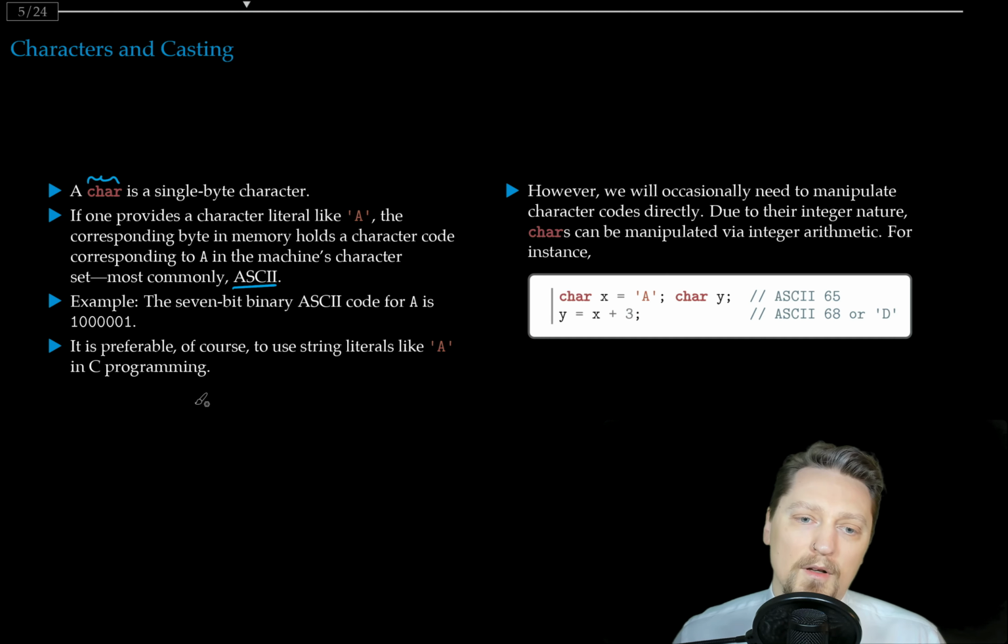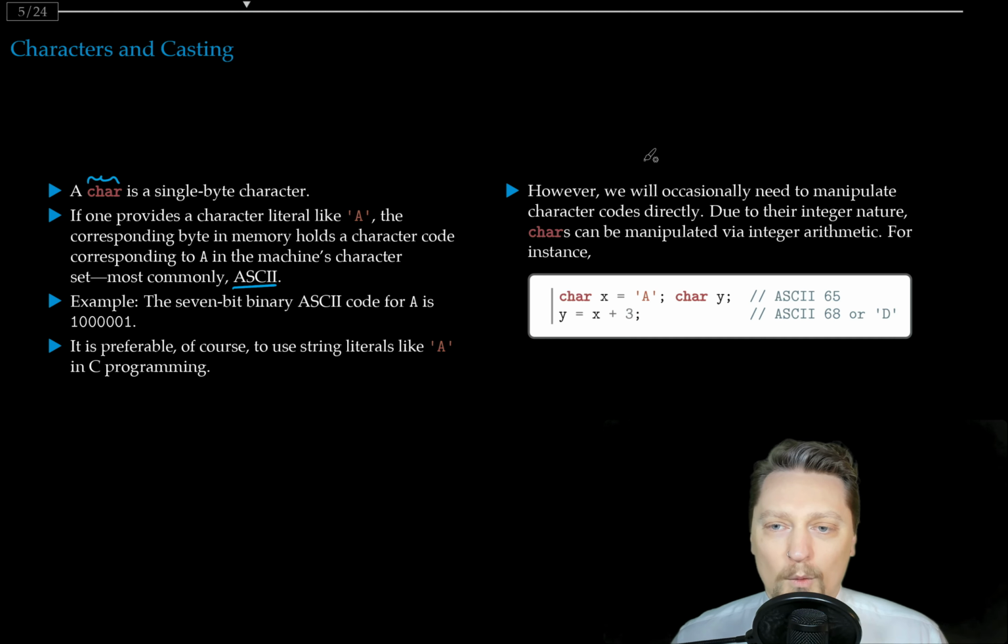It is preferable, of course, to use character literals like 'A' in C programming. We don't want to have to write out the ASCII code. However, we will occasionally need to manipulate character codes directly. Due to their integer nature, chars can be manipulated via integer arithmetic.